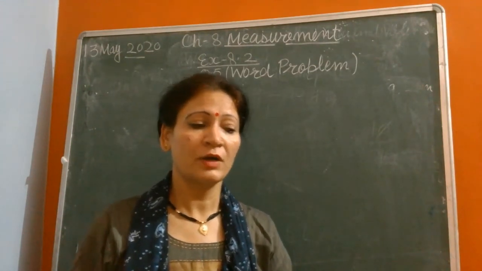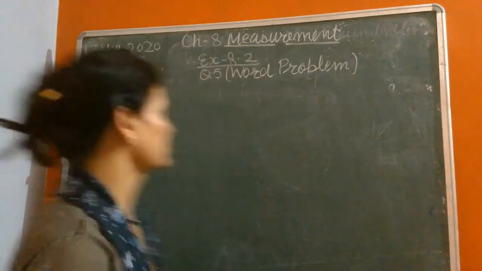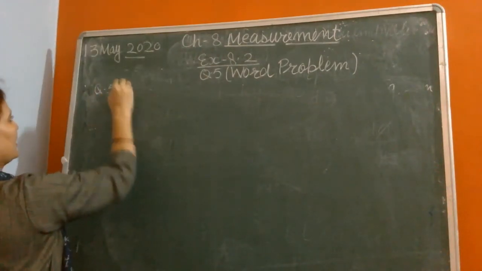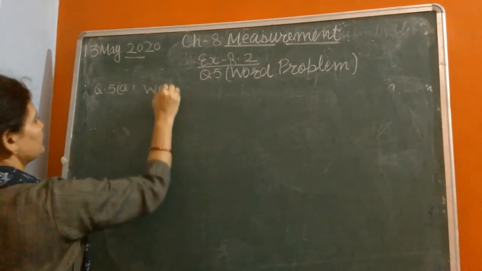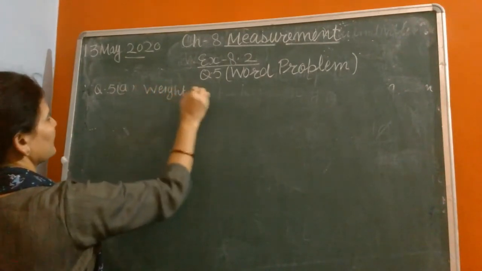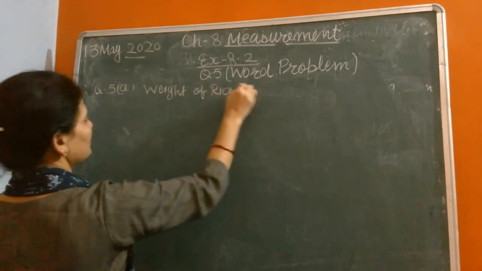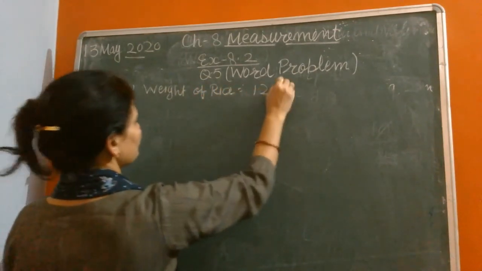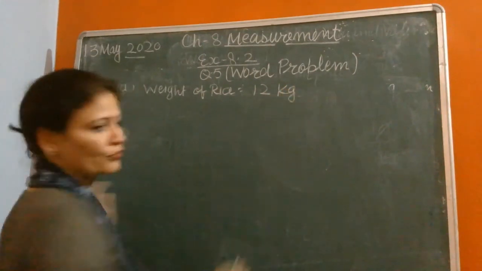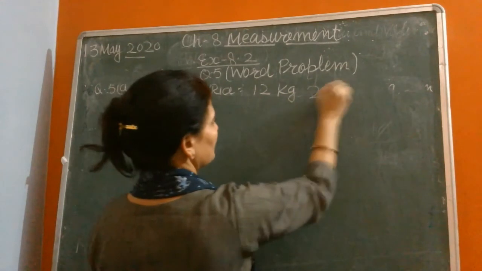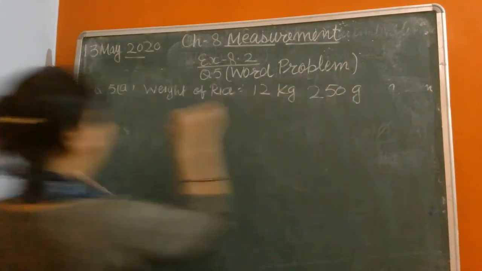Question 5, part A. Weight of rice equal to 12 kg, 250 gram.